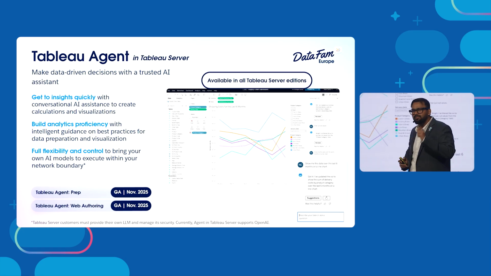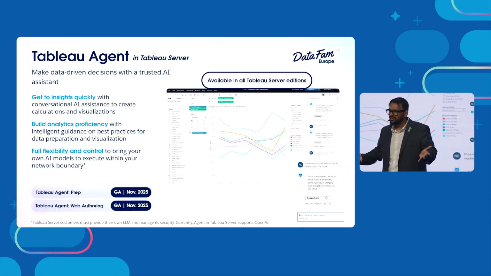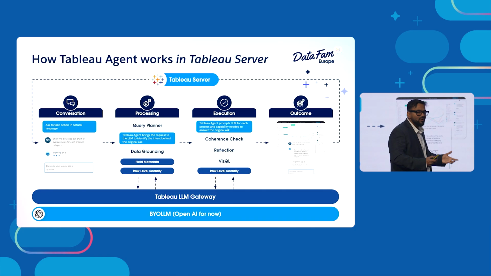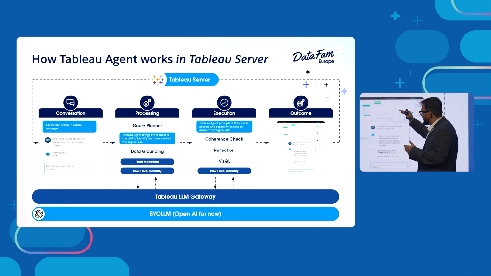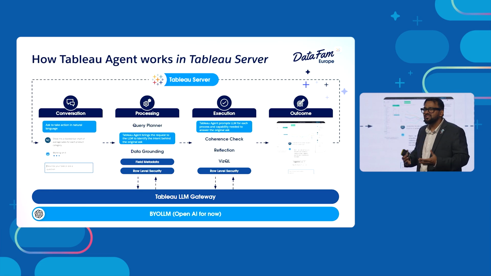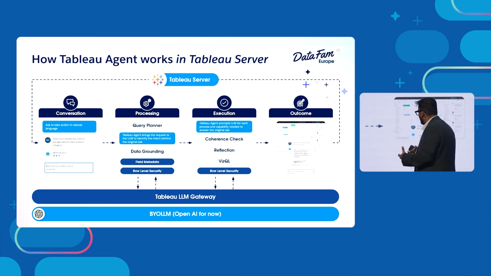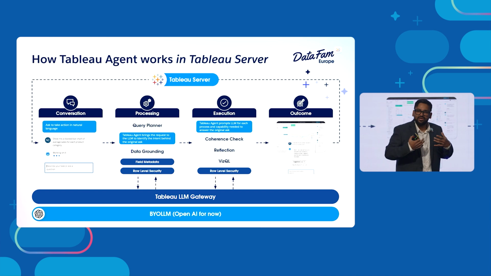And just a quick look behind the scenes, because this is, in fact, a security session, we need to nerd out a little bit. Let's look at how it actually works. I'm not going to get into every single nitty-gritty of it. I'm going to give you a high-level overview of how our systems work. Why is this important? Because later on, we're going to look at how we deliver trust in this.